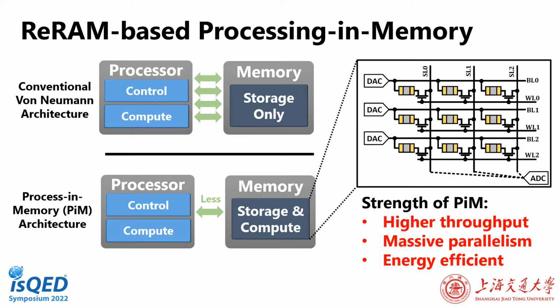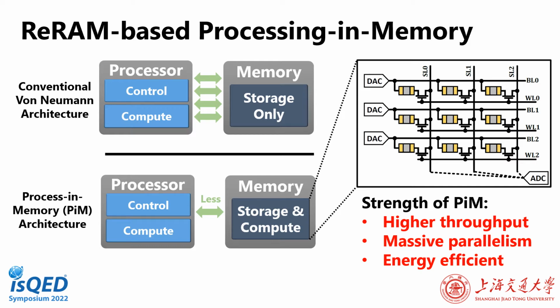Processing in memory is a novel computing architecture that promisingly breaks the so-called memory wall by enabling the computation inside the memory. The data movement is significantly reduced and thus improves the overall performance and energy efficiency.